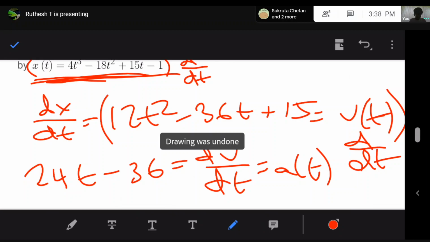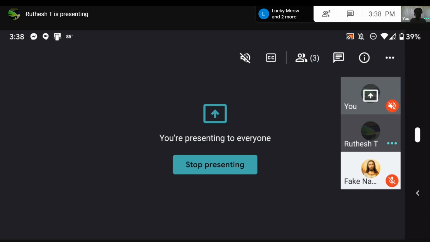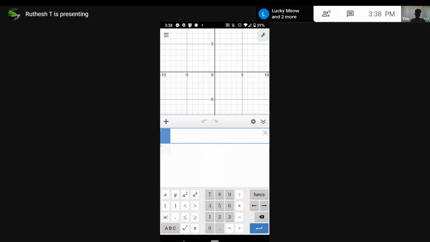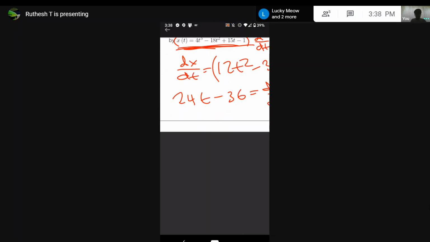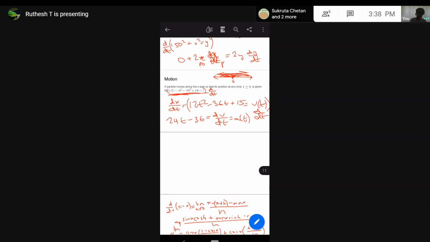And let's look at the graphs of these. So 12t squared minus 36x plus 15.